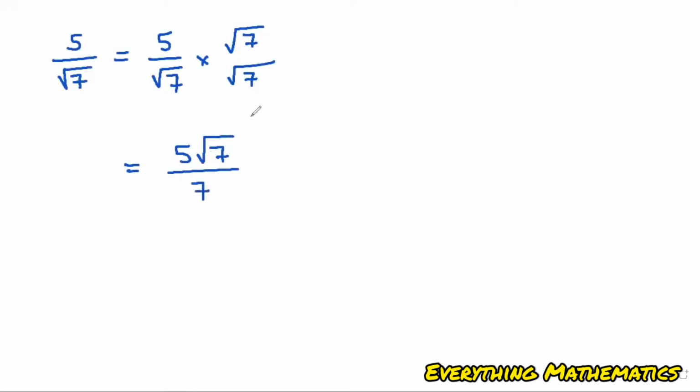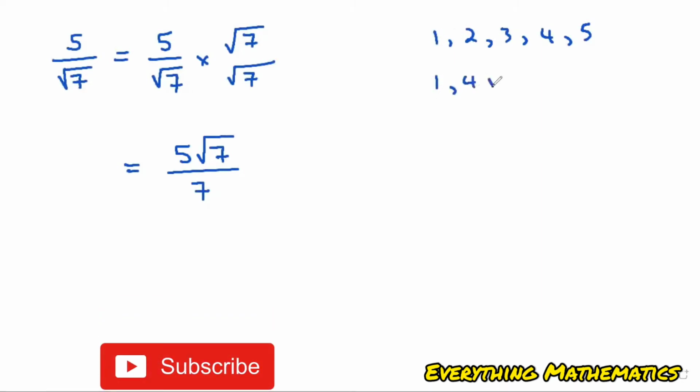Good? Another way to think of it is that whenever you multiply a number by itself, you will always find a perfect square. Remember when we looked at the first video, if you want to find a perfect square, you square the natural numbers. So 1 times 1 gives us 1, so 1 is a perfect square. 2 squared gives us 4. 3 gives us 9. 4 gives us 16. 5 gives us 25.